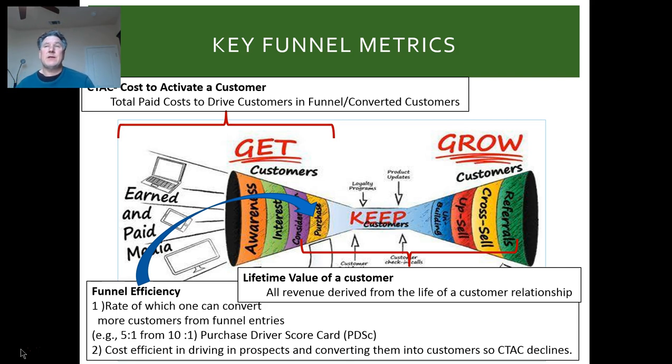So we look at a customer where it may have cost $500 to get this customer, but if we're holding that customer for 5 years and they're making multiple purchases that are $5,000, then that's a lifetime value. And that could be from the initial purchase to some tack-ons there to maybe a subsequent purchase as well. So this is what we look at from a key metrics standpoint in terms of funnel.